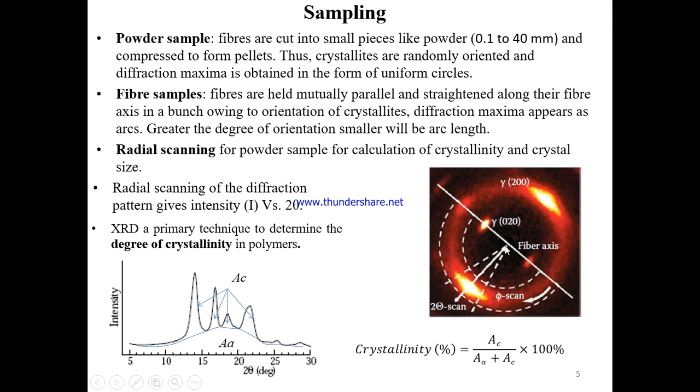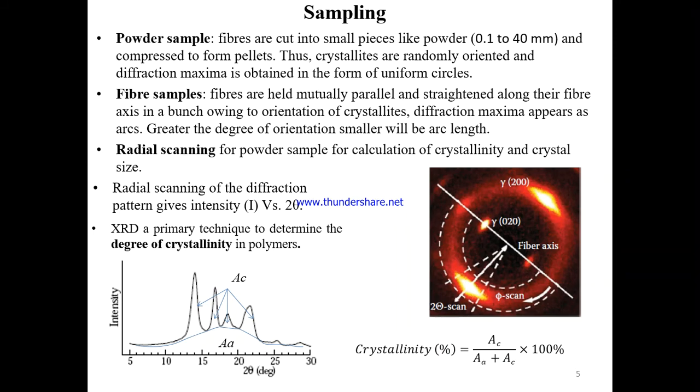The number of bright rings, their brightness and the width of the rings will depend on the type of material used for the measurement and the type of sample, or sampling, you can say.